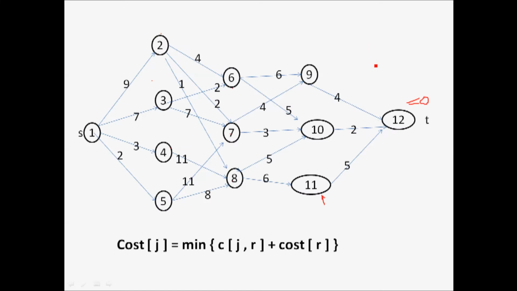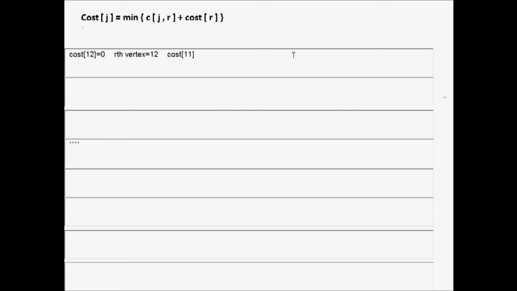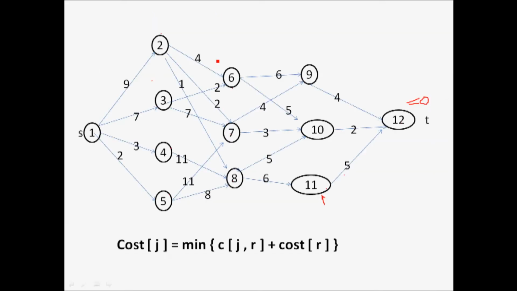Therefore c of j r, that is c of 11, 12, is equal to 5. So cost of 11 is equal to c of 11, 12 plus cost of r, where r is equal to 12.